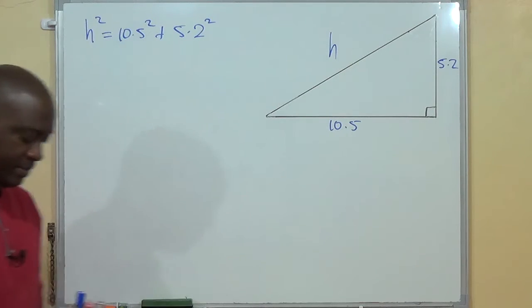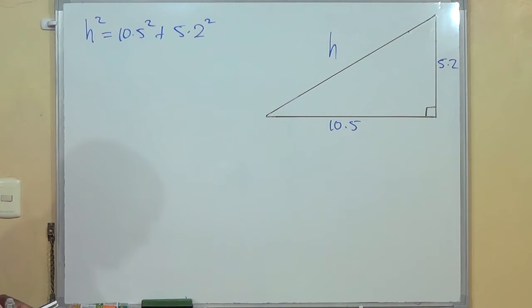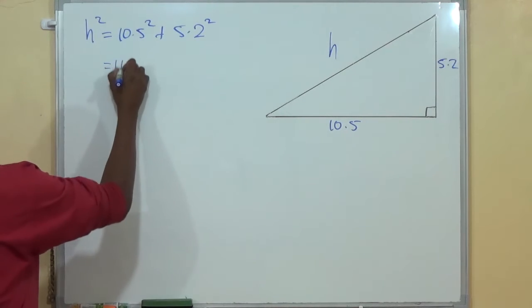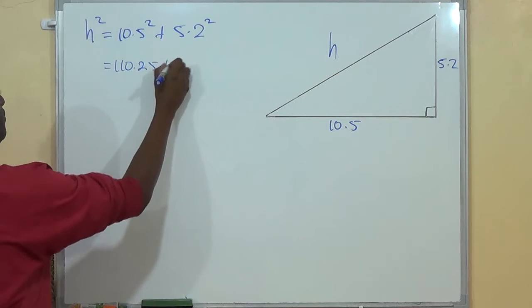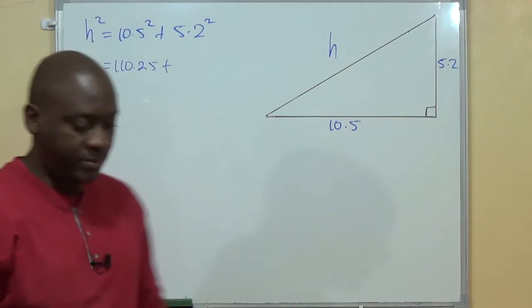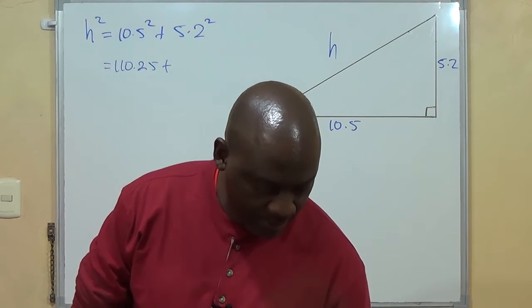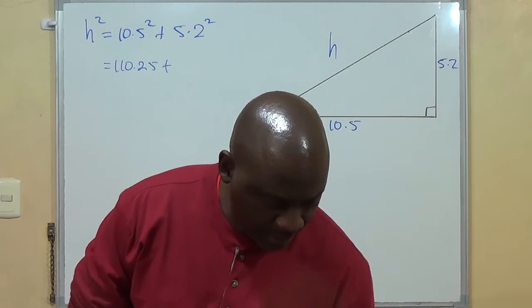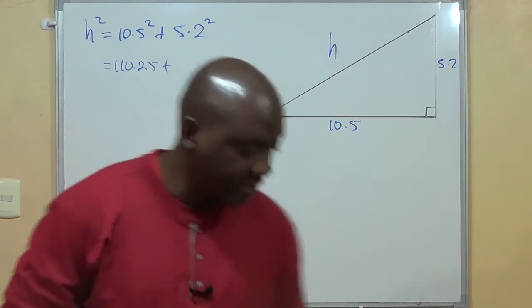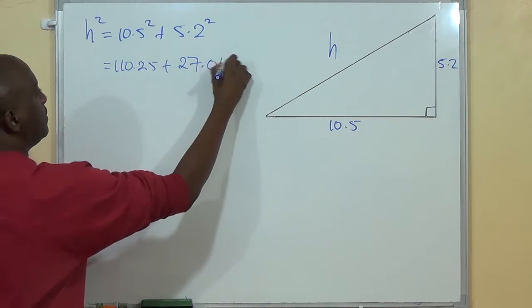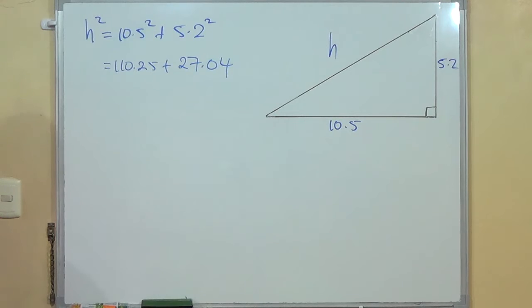Alright, so 10.5 squared is equal to 110.25, plus 5.2 squared, which is equal to 27.04.